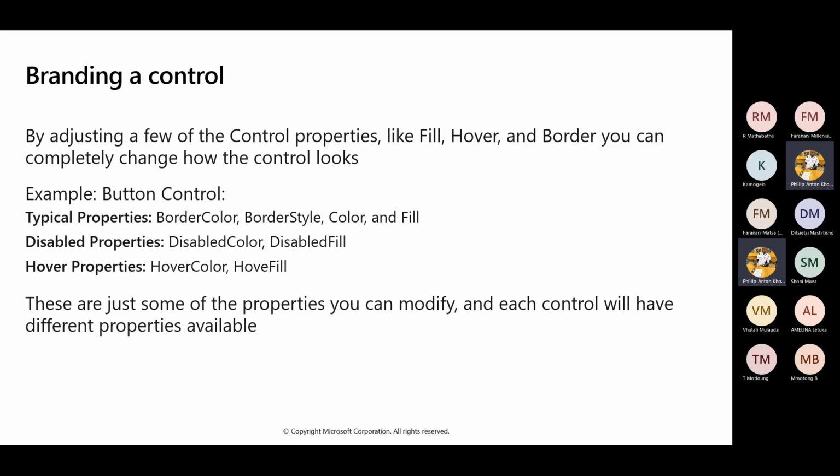If you decide to customize your controls, it's recommended that you do this through testing to ensure that you don't run into any complications when users interact with the app. For example, consider the button control.